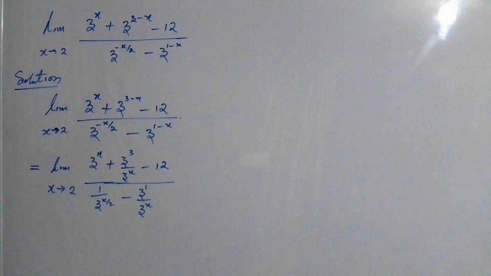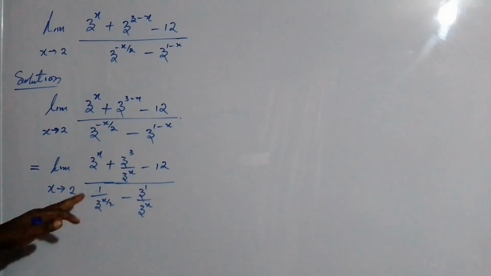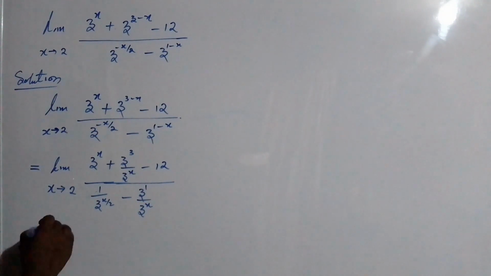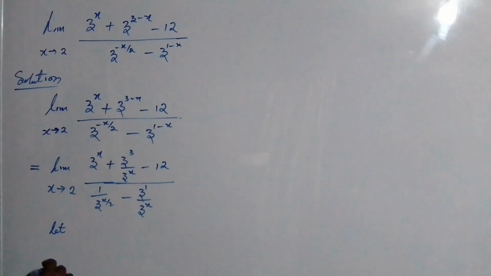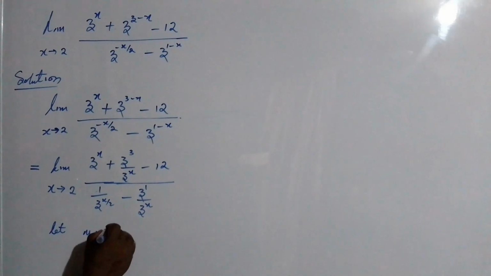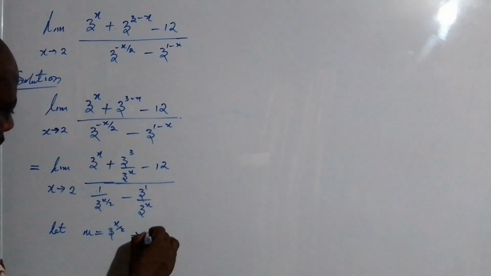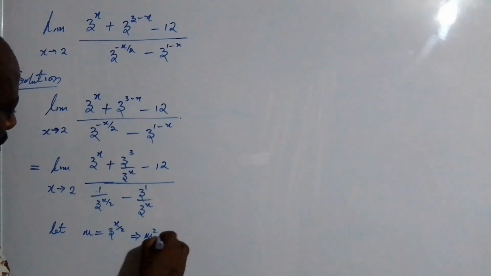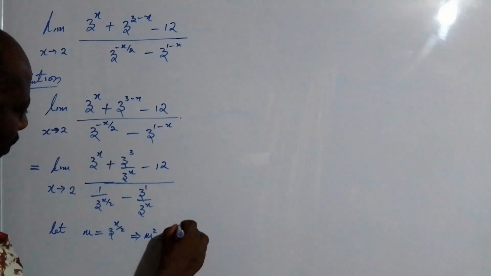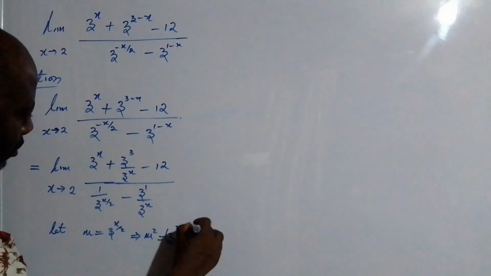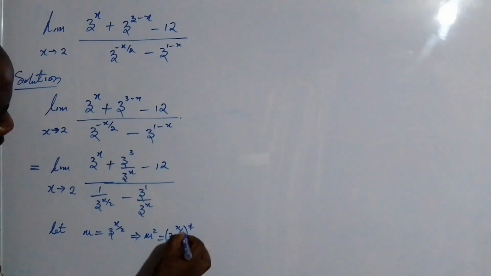Having done this, let's say let m equal 3 to the power of x over 2. If that's the case, squaring both sides, I'm going to get m squared equal to 3 to the power of x over 2 squared, and these 2 and 2 will cancel out.